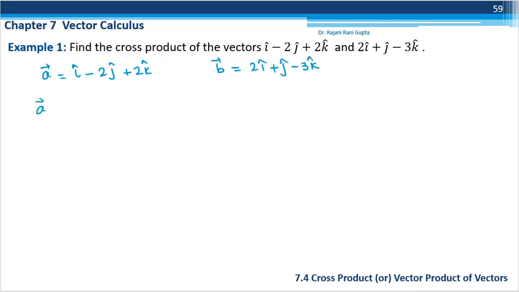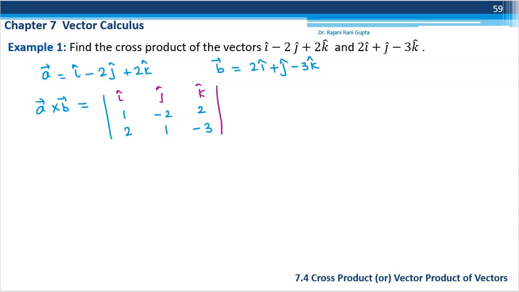To find the cross product, let's write the determinant. First row always i, j and k. Now the first vector is A, so it is 1, minus 2, 2. Vector B, it's 2, 1, minus 3.